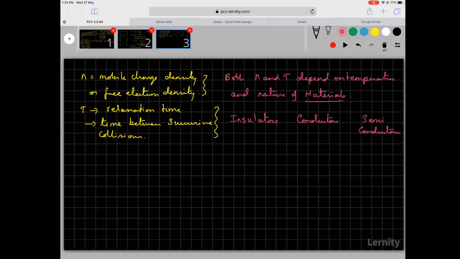In insulators, the N value is low. That is, the number of mobile charge carriers is very low. In conductors, the N value is very high.